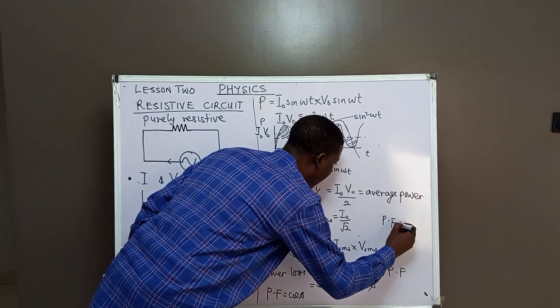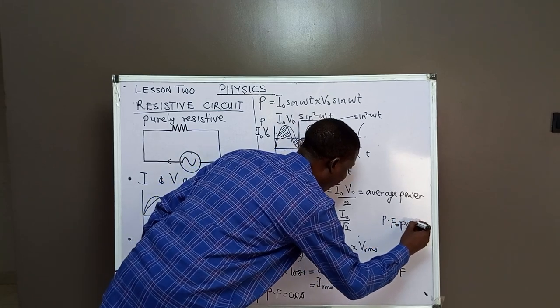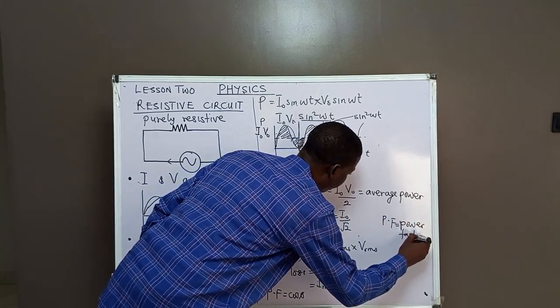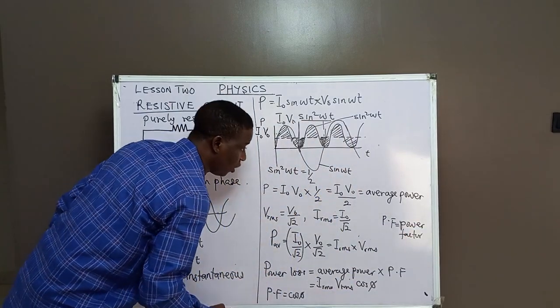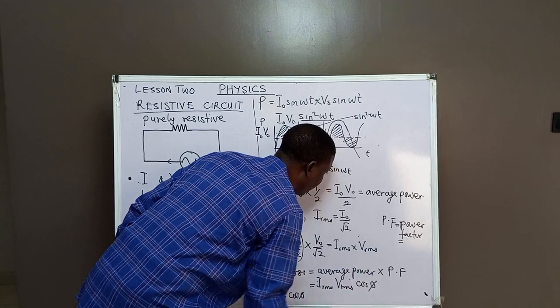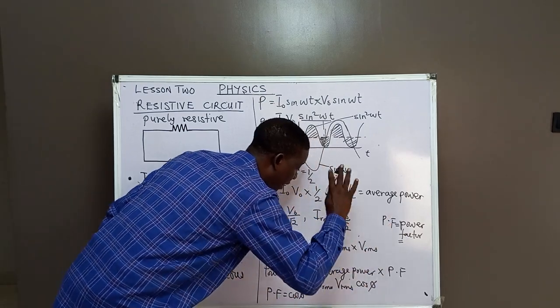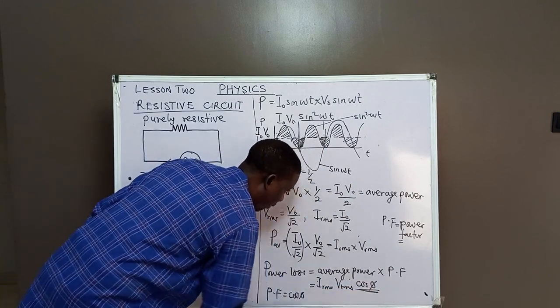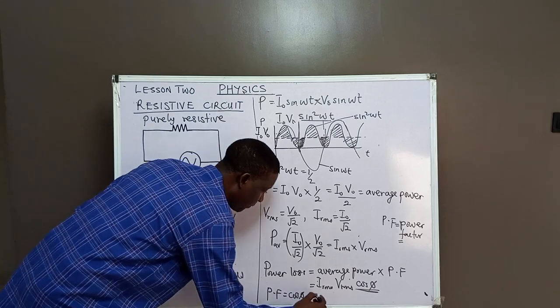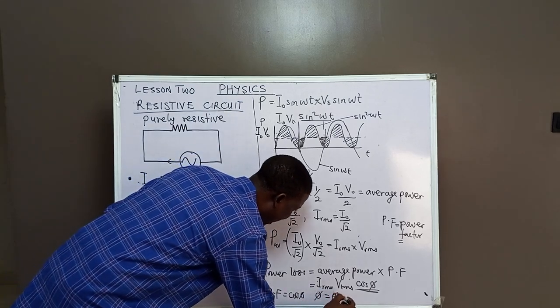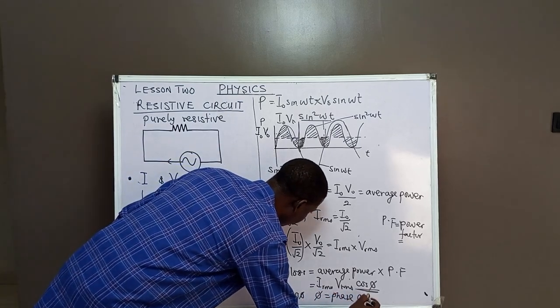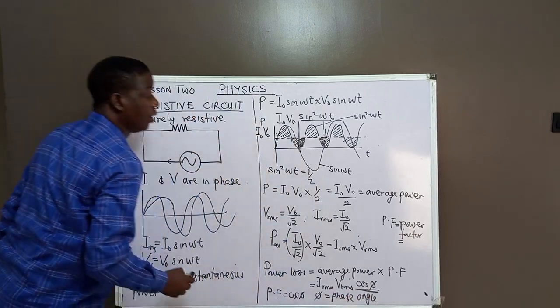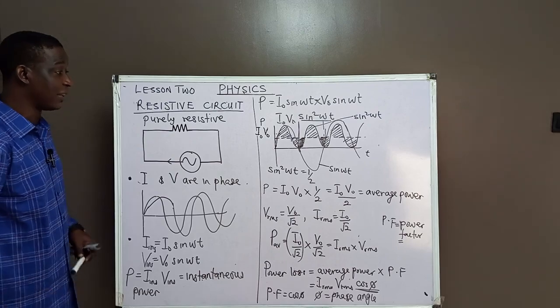So if you see me write PF, it means power factor, and it's written majorly when we get to RLC circuits. I will explain more about it, but take note that it is cos phi, where phi is what we call the phase angle.